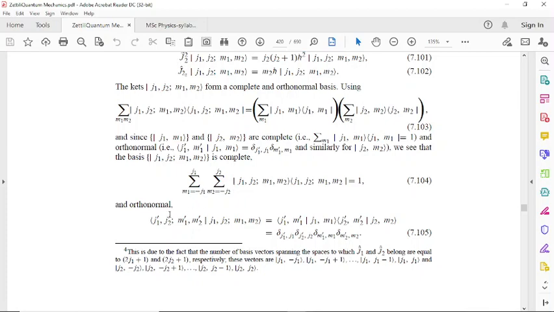For orthonormal states, <J1', J2', M1', M2'|J1, J2, M1, M2> equals Kronecker delta J1' J1, Kronecker delta J2' J2, Kronecker delta M1' M1, Kronecker delta M2' M2.